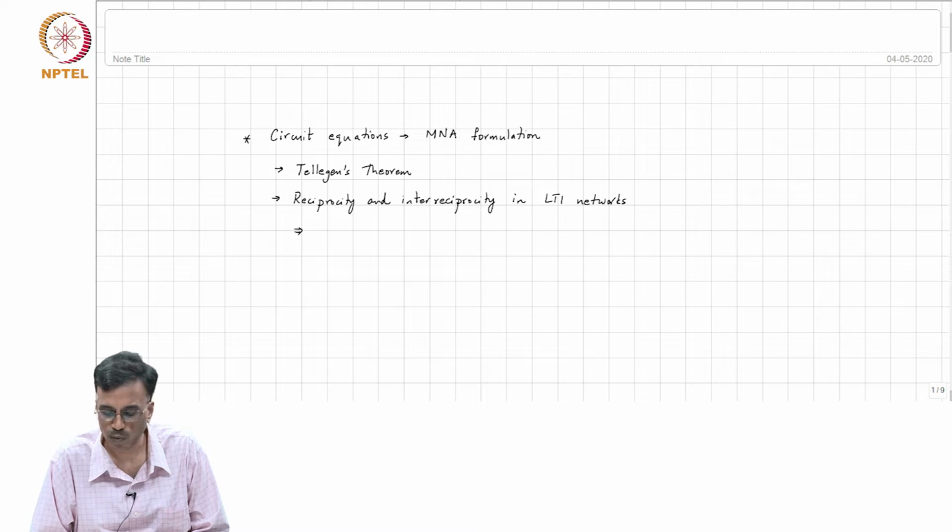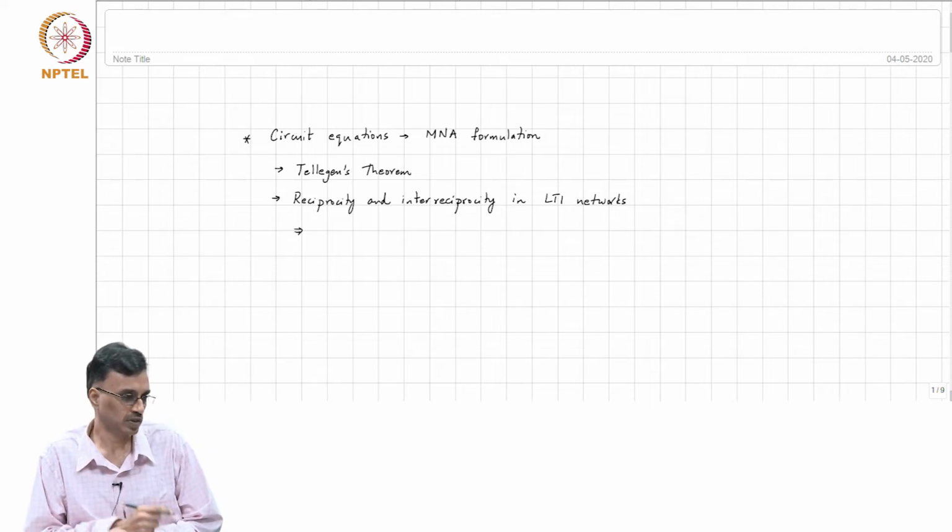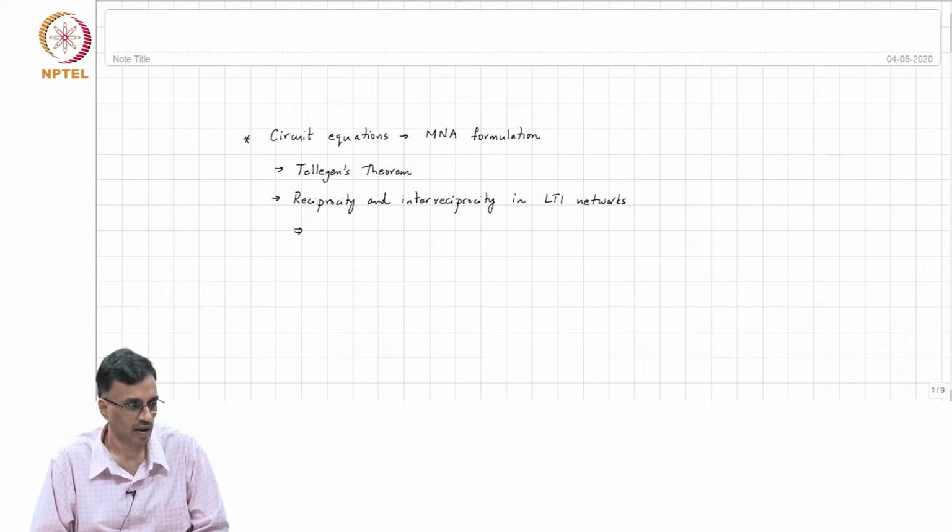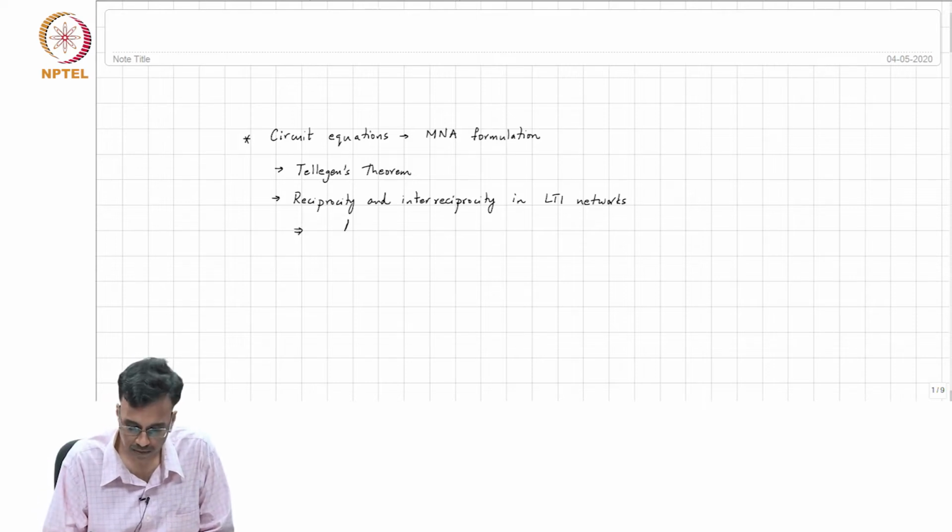A more intuitive way of understanding it is using the MNA formulation: when you transpose the MNA matrix, you can interchange the input and output ports, and this also automatically leads to the adjoint network.